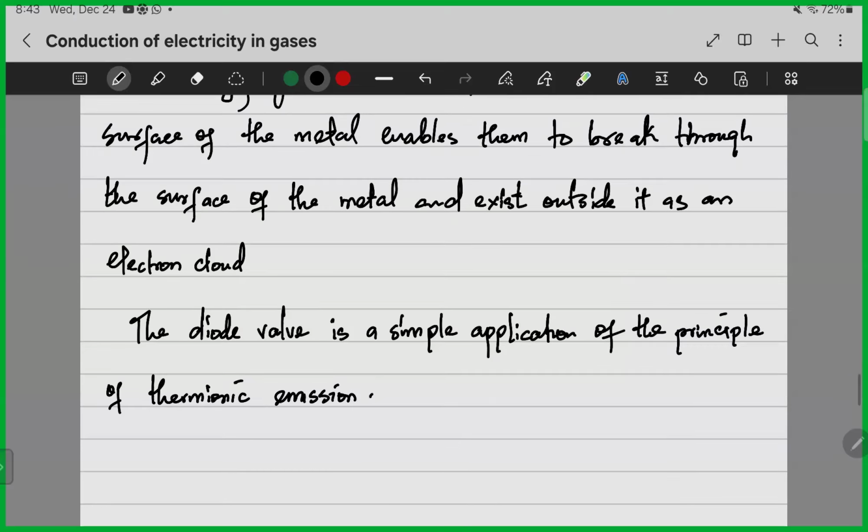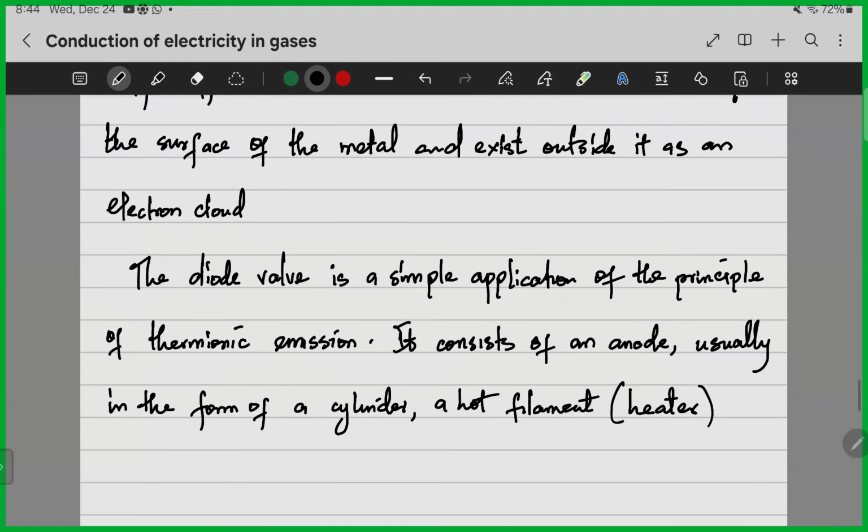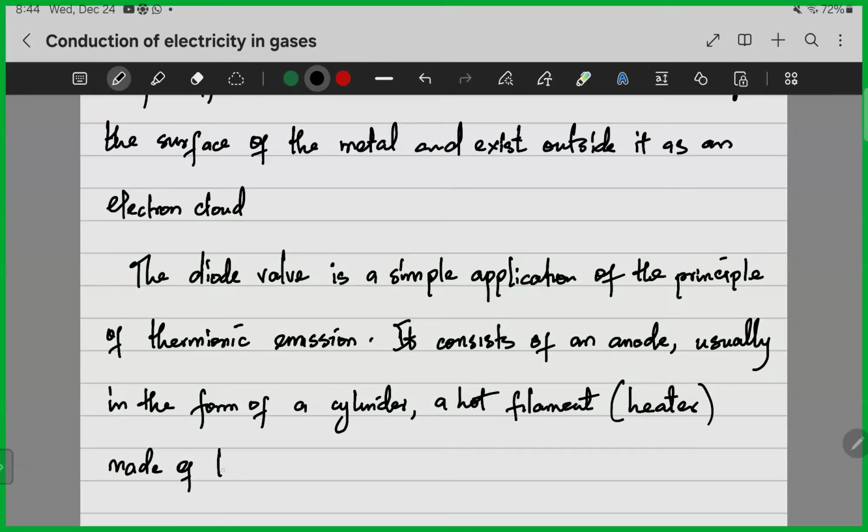It consists of an anode, usually in the form of a cylinder, a hot filament made of tungsten, and a component surrounding the filament.